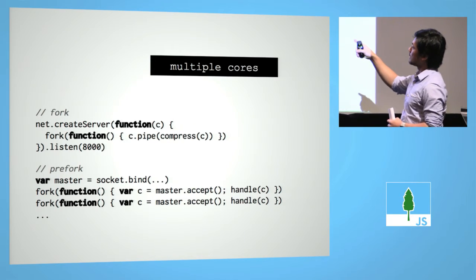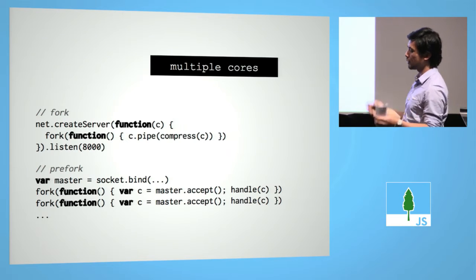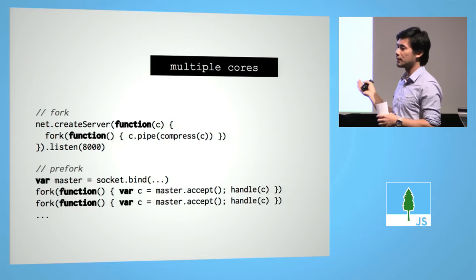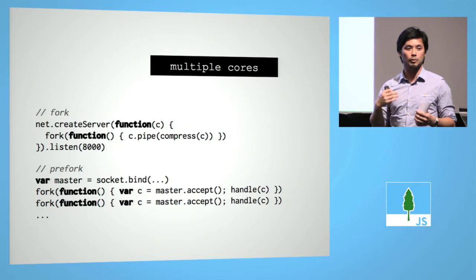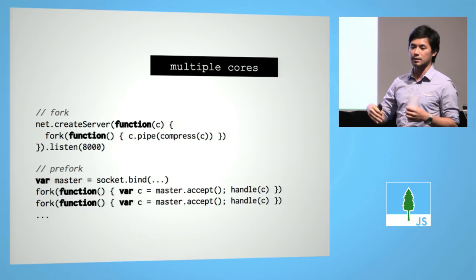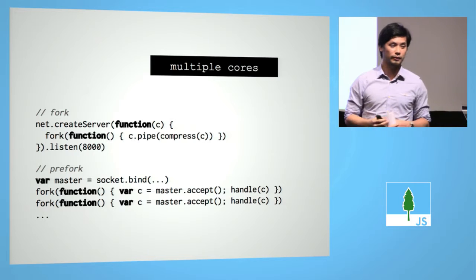All of these master sockets point to the same thing, and every thread is waiting on accept. When the first client tries to connect to this server, only one of those accepts would succeed and the rest would fail.